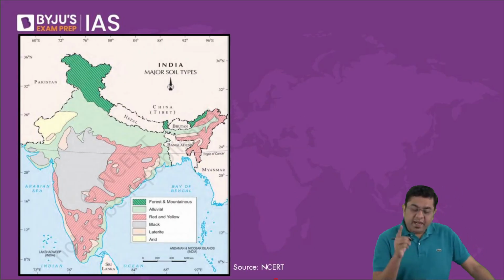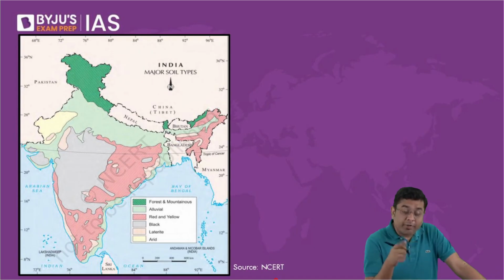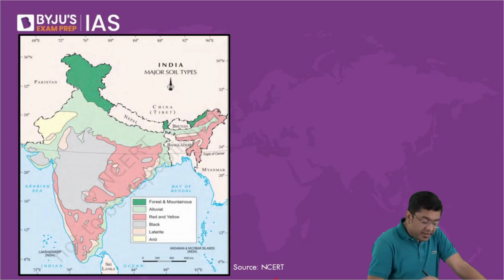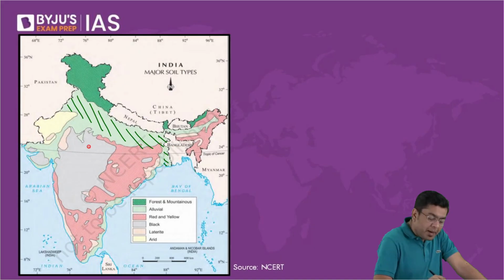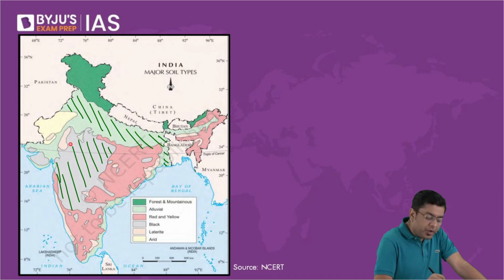So observe this and form an analysis of how to understand the various different soil types. All the areas where you will observe the deposition process to happen, there you have alluvial soil, right? Malwa Plateau and the Deccan Traps, that is where you will find the black soil.